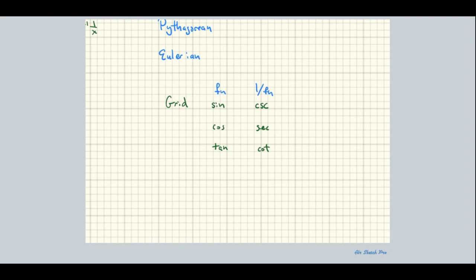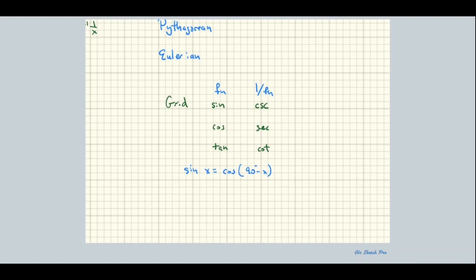We also, from the grid and just from the names, get the cofunction identities. The sine of x is the cosine of 90 minus x, or pi over 2 minus x, the way I think of it.